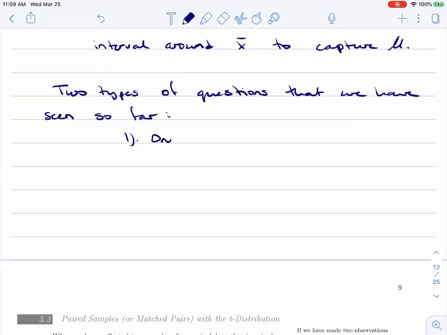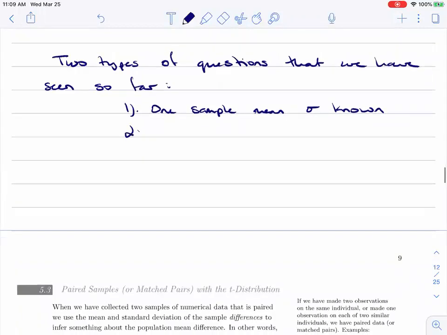One sample mean, sigma known, that's when we use Z and Z star. And then one sample mean, sigma unknown, which is the one that we did last day, where we used T's. T's require degrees of freedom, but besides that, nothing really changes. Now we're using T's instead of Z's.